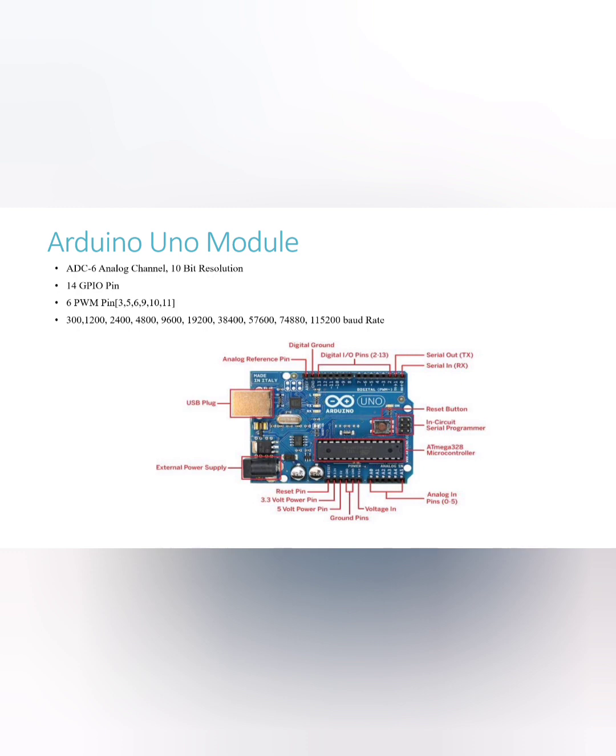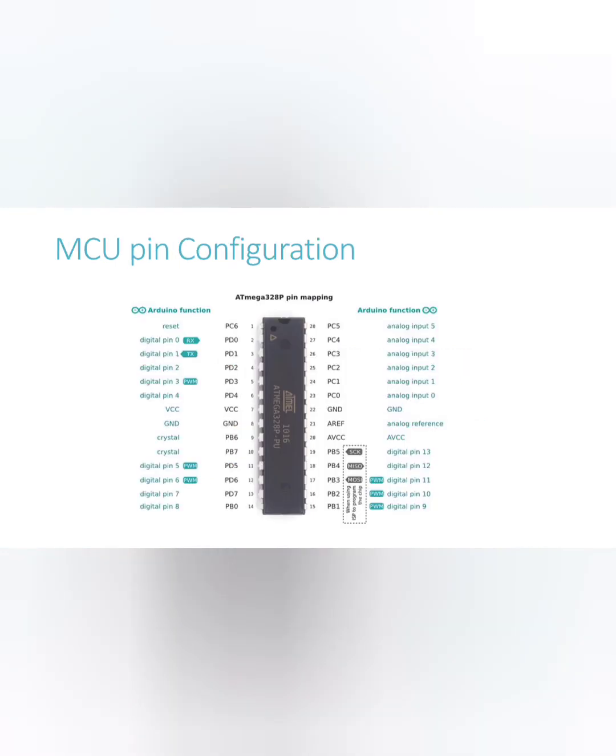Let's talk about the pin configuration of Atmega 328P. AVCC and AREF are the supply voltage and analog reference for the A to D converter respectively. PB6 and PB7 pins are the crystal oscillator pins.